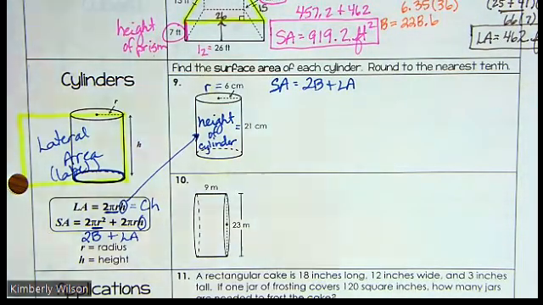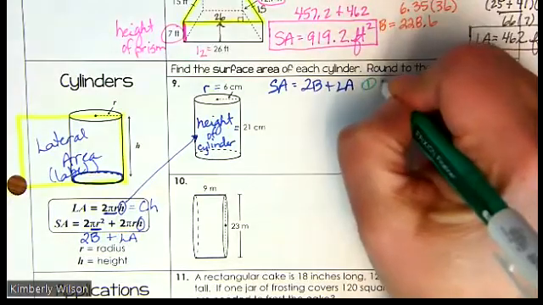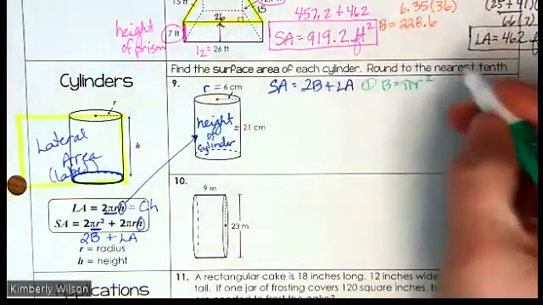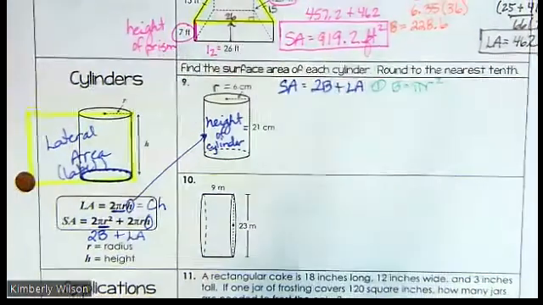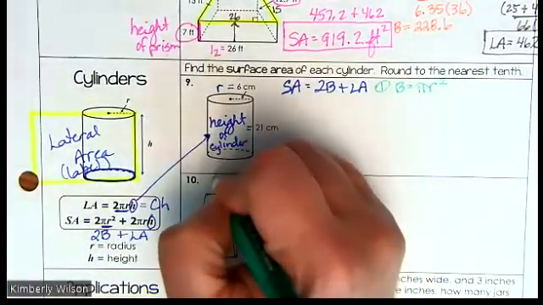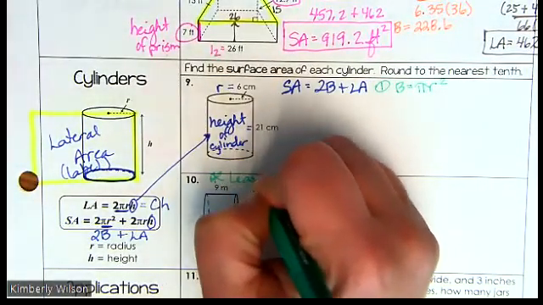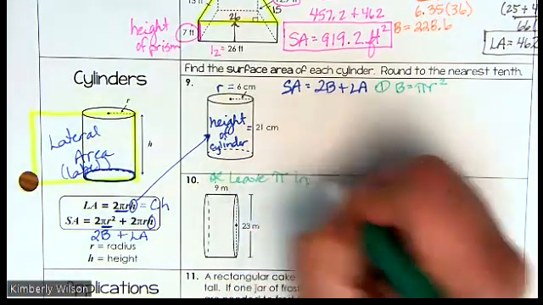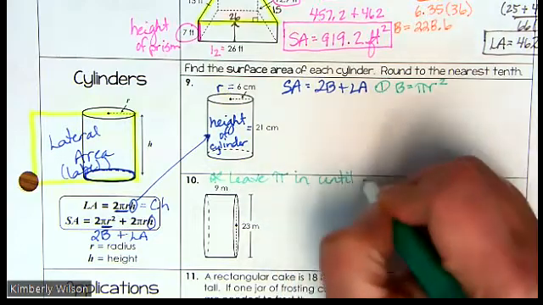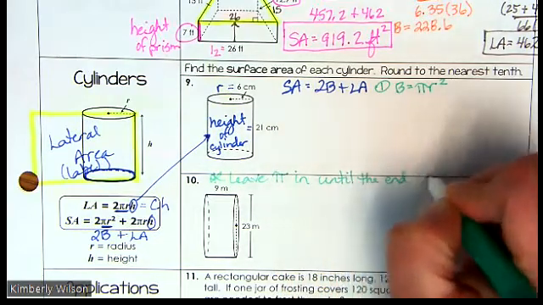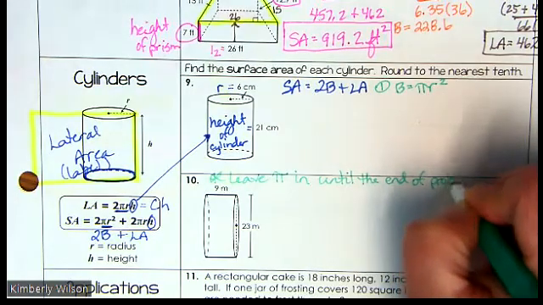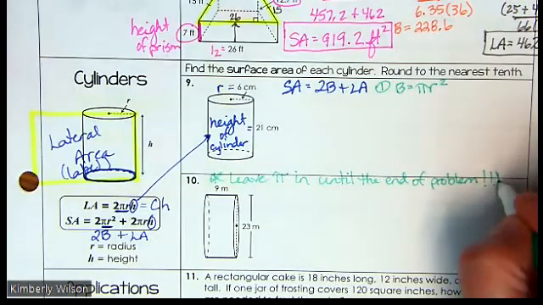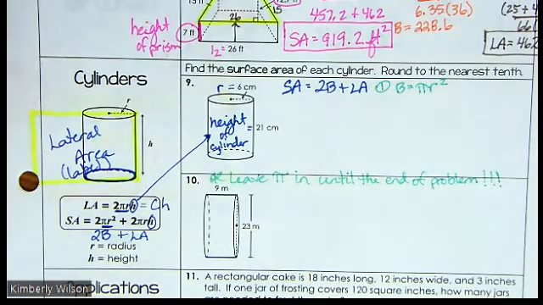Let's do our steps. Number one, the capital B is a circle, so that's pi r squared. My radius is 6. Big thing: leave pi in until the end of the problem. You do not plug in the 3.14 or anything until the end of the problem.